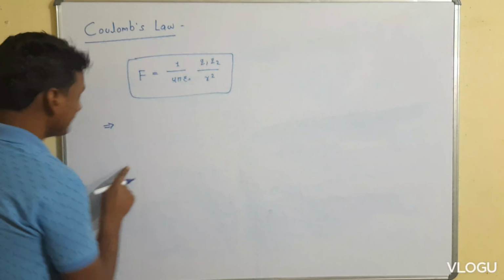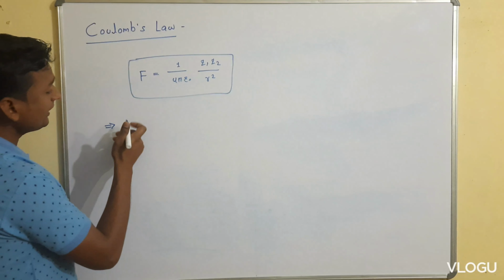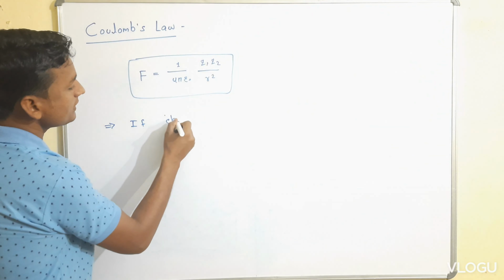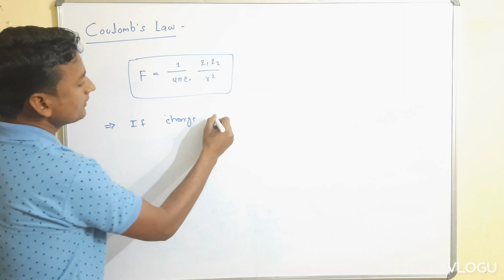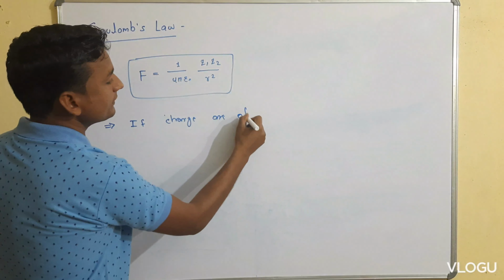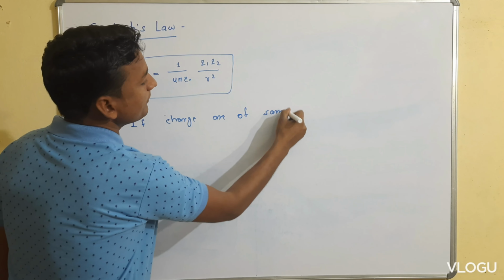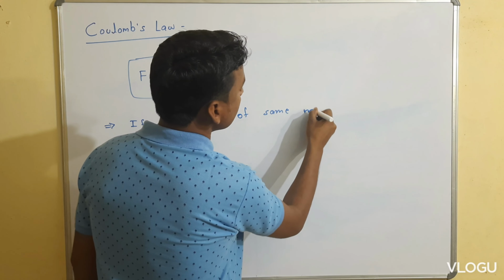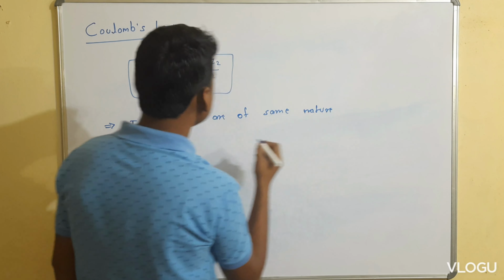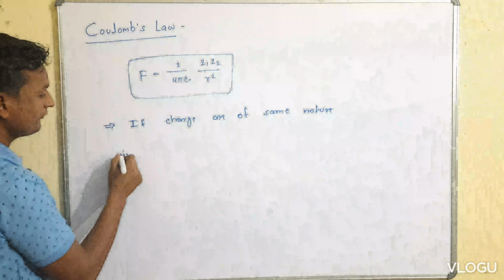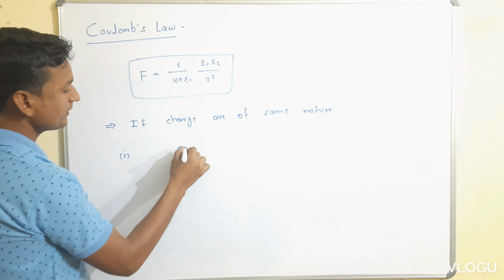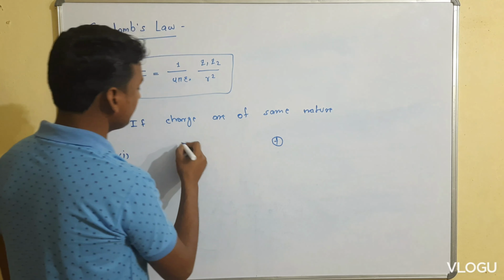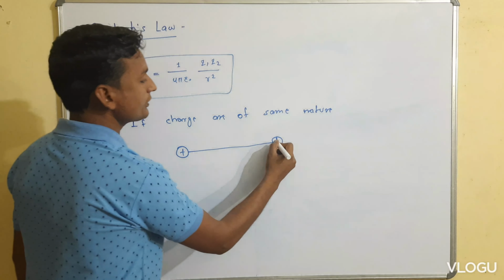So if charges are of the same nature, that is they belong to the same polarity, either positive or negative, we consider in the first case two charges of same polarity, that is Q1 and Q2 are both positive.